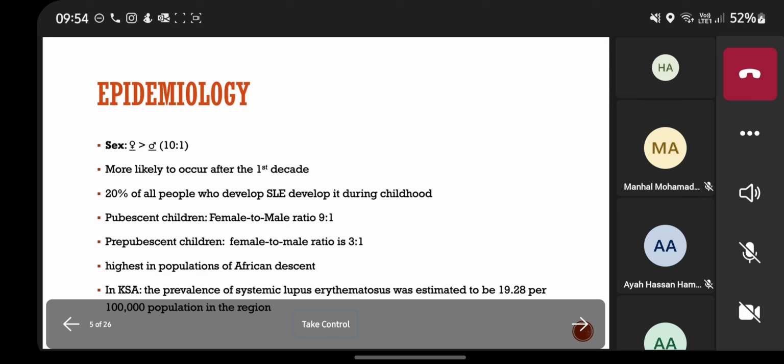In pubescent children, the female to male ratio is 9 to 1, caused by high estrogen levels. In pre-pubescent children, the female to male ratio is 3 to 1, and it's highest in non-white populations like African. And in KSA, Saudi Arabia, the prevalence of systemic lupus erythematosus was estimated to be 19.28 per 100,000 population in the region.